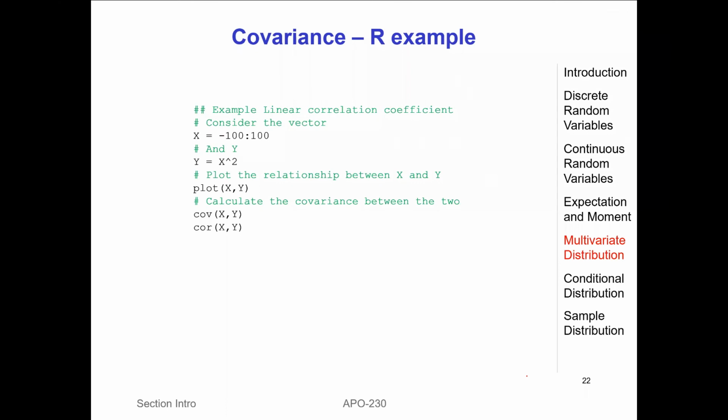Now, in the R file that I uploaded for the first intro session, you will also see an example of linear correlation coefficients. This gives you the way to calculate the variance, covariance, and correlation coefficient of two random variables, presumably.